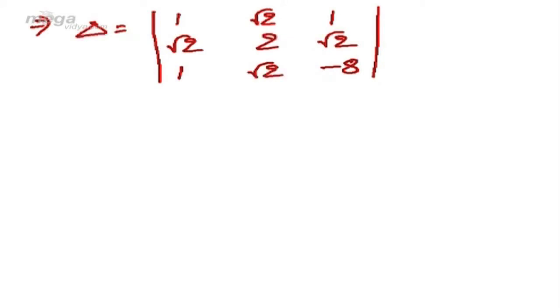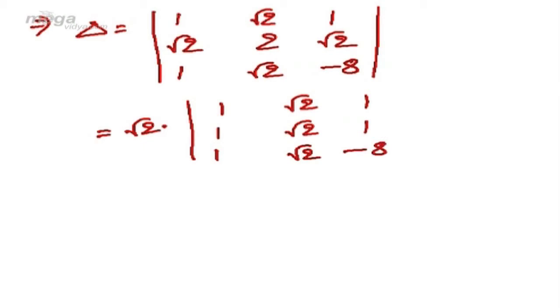Now we will solve. Student, you can simply expand this determinant, or you can use the properties of determinant. By using properties of determinant, if you take root 2 common from the second row, the second row becomes 1, root 2, 1, and the third row is 1, root 2, minus 8, because we are taking root 2 common only from row 2.